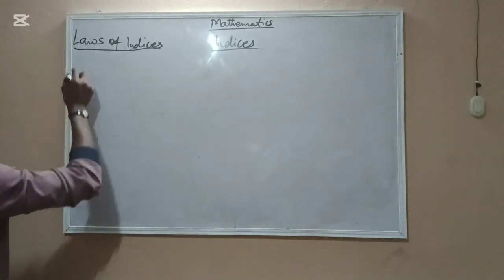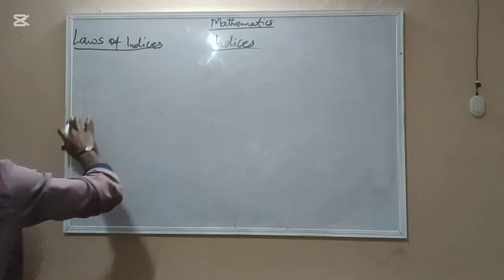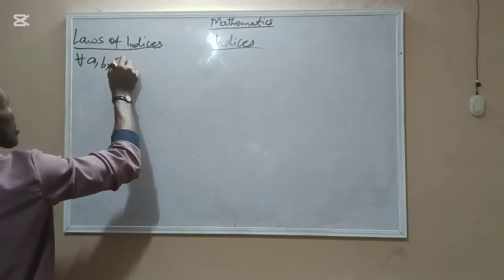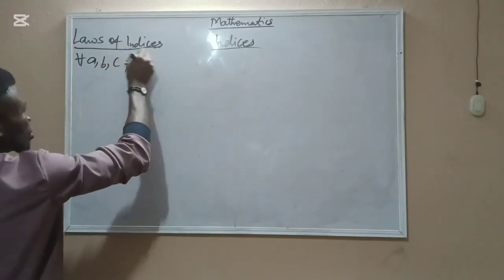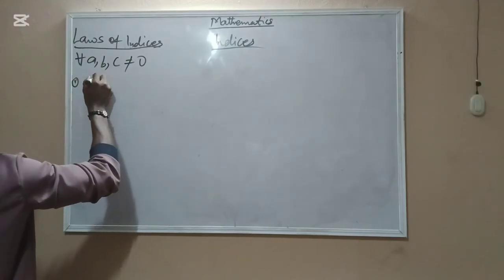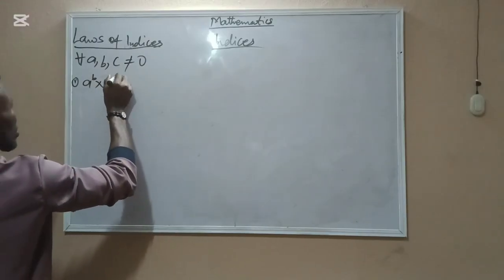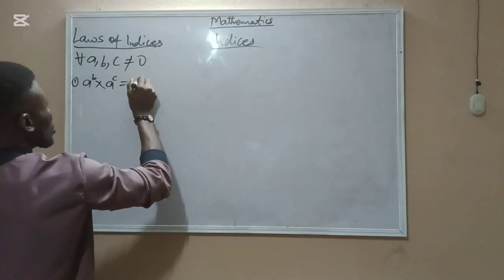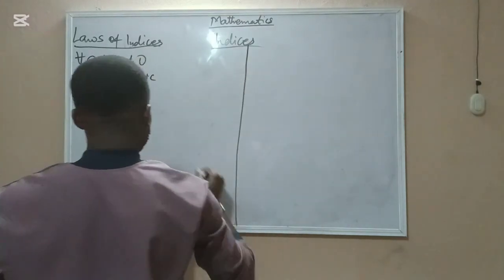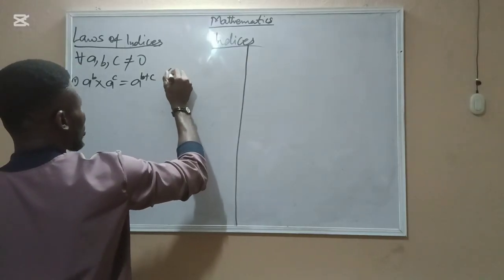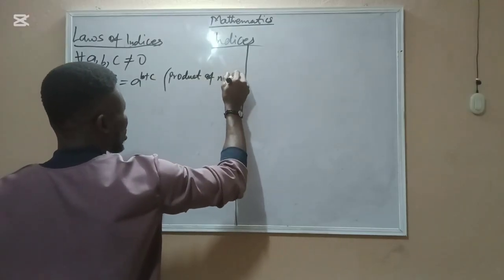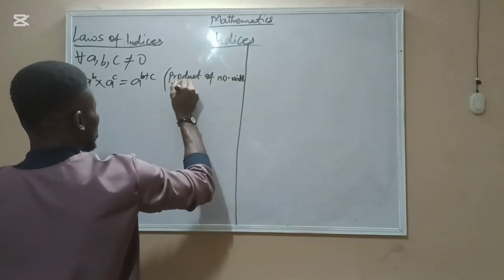Now, this law states that for all A, B, C not equal to 0, A to the power B multiplied by A to the power C is equal to A to the power B plus C. And this is called product of numbers with the same base.